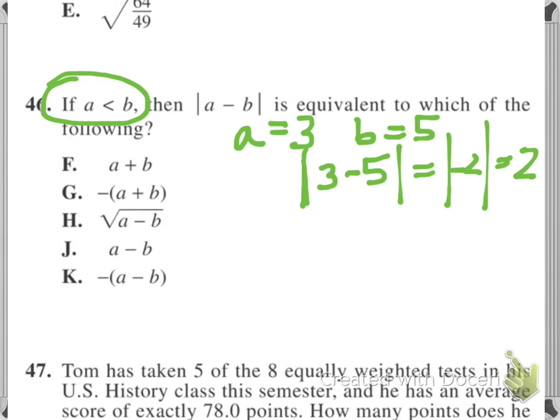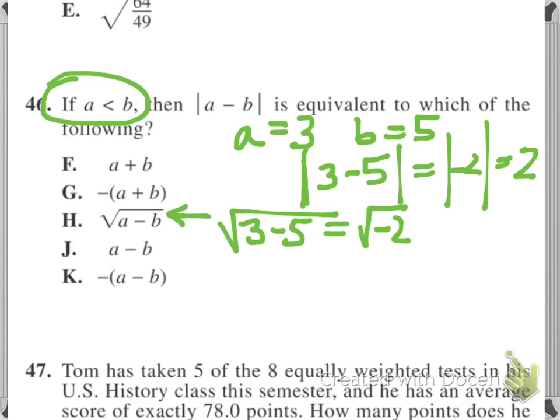So basically I'm going to go through here and again pick my middle choice first, and see if it gives me a positive 2. I could probably do a little mental math here, but let's take 3 minus 5. Ooh, that's a problem. We don't like getting negatives underneath the radical sign, not to mention that my goal was to get a positive 2. So I'm going to keep trying.